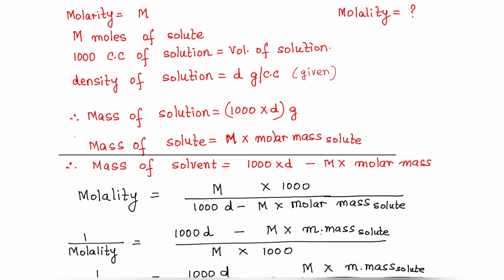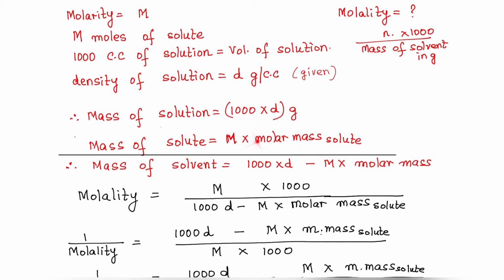Remember, molality is all about the number of moles of solute divided by the mass of solvent in kg, and if this mass of solvent is taken in gram, then I need to convert it into kilogram by dividing by 1000, right?